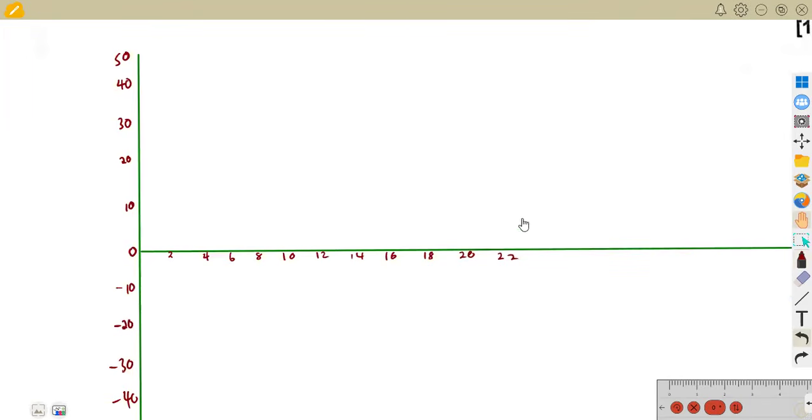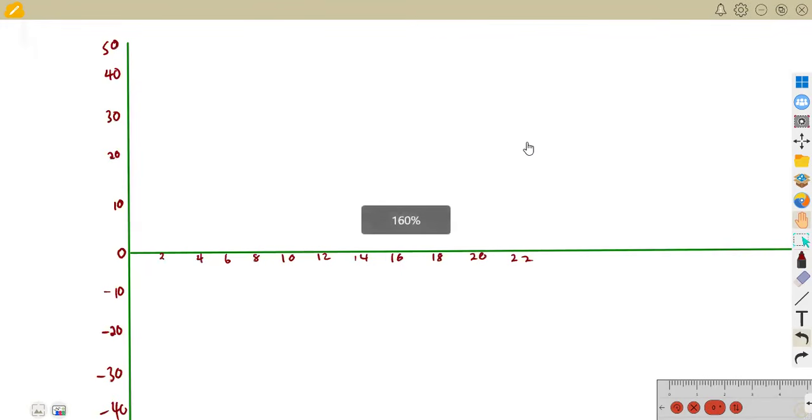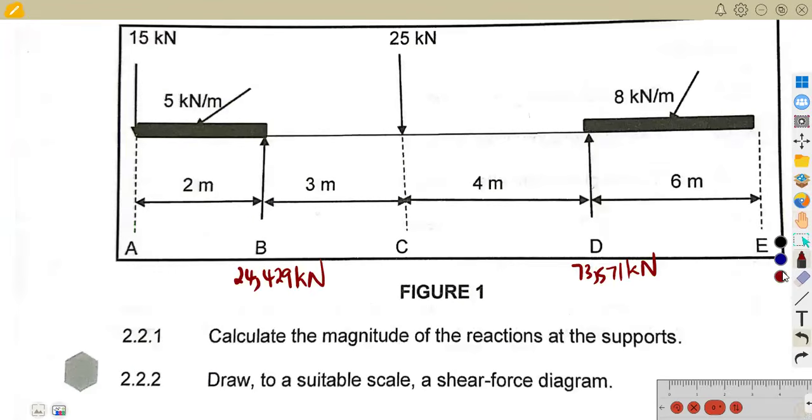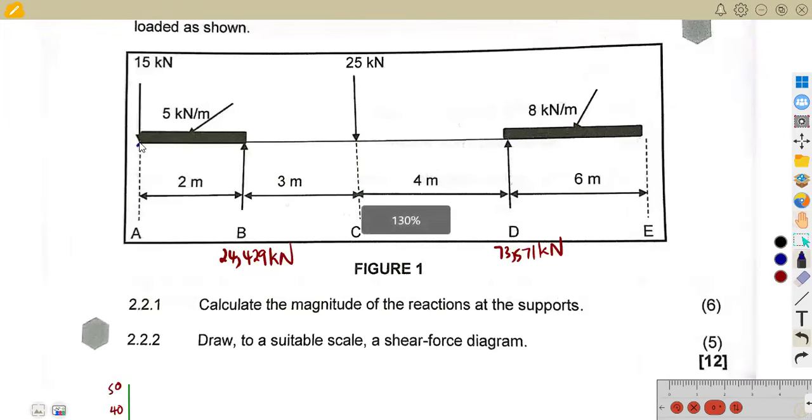Okay, so now that we have this, let us consider the first part. We are at the point 0 here at the origin, I mean at the starting point. But at the same point, there is what? A point load which is going down. And I said everything that is facing down is a negative. All point loads are going down, it's a negative, and you represent it with a vertical line going down.